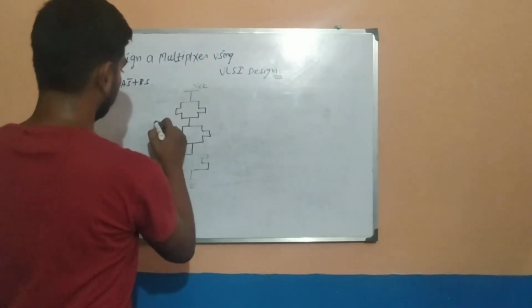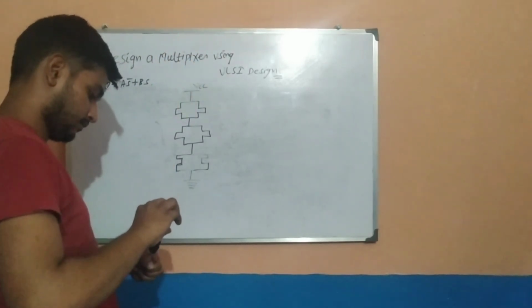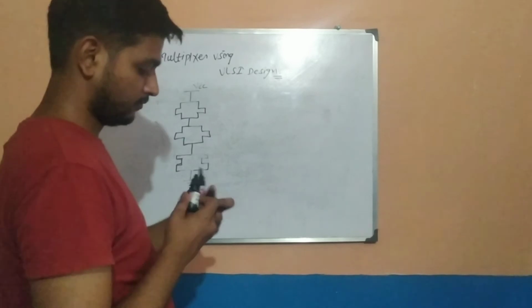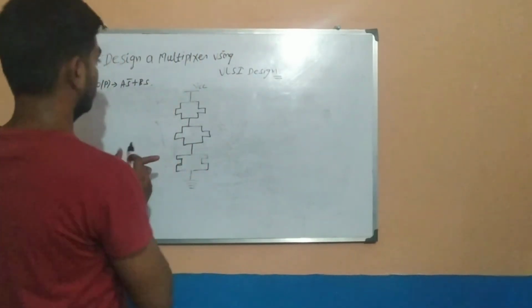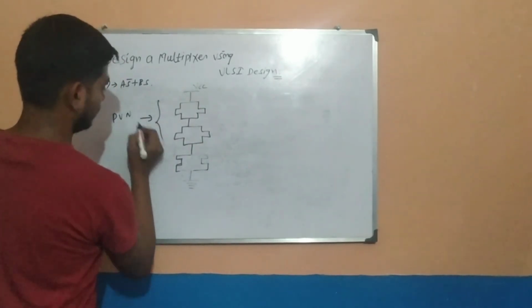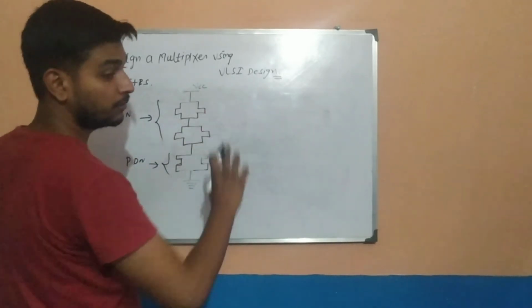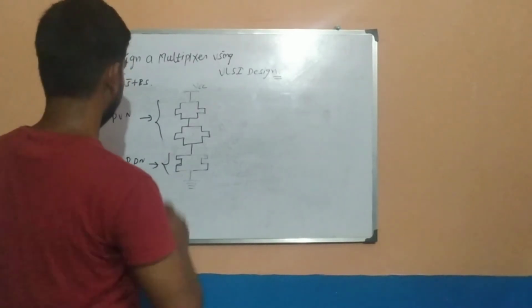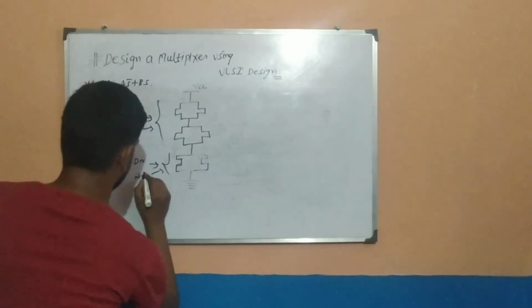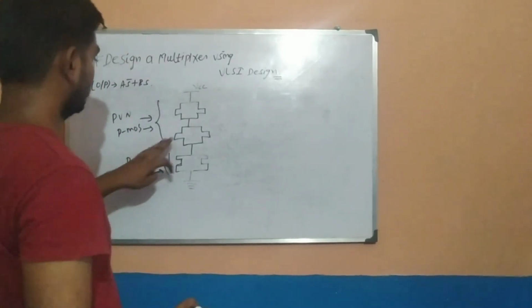This is the pull-down network. This is the pull-up network, and this is the pull-down network. It contains PMOS and it contains NMOS.